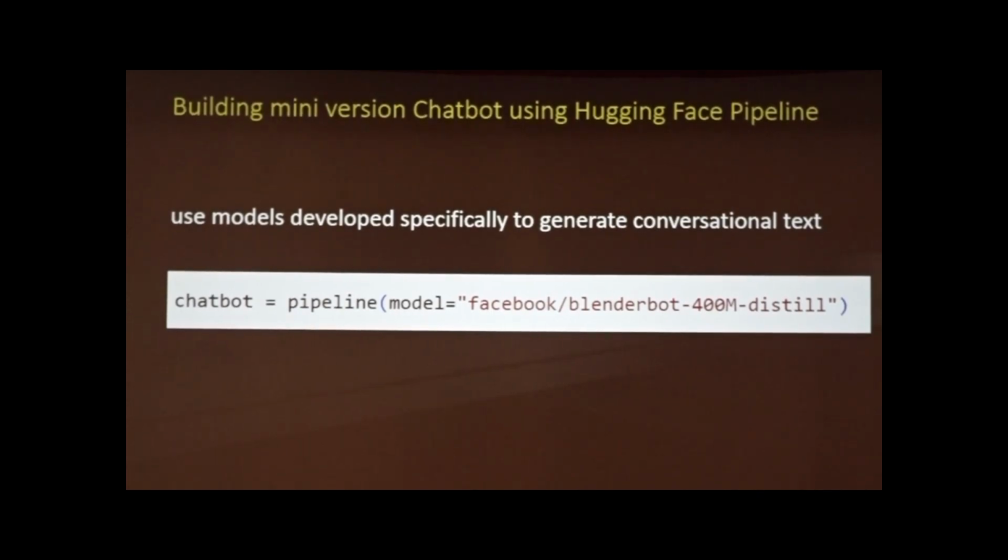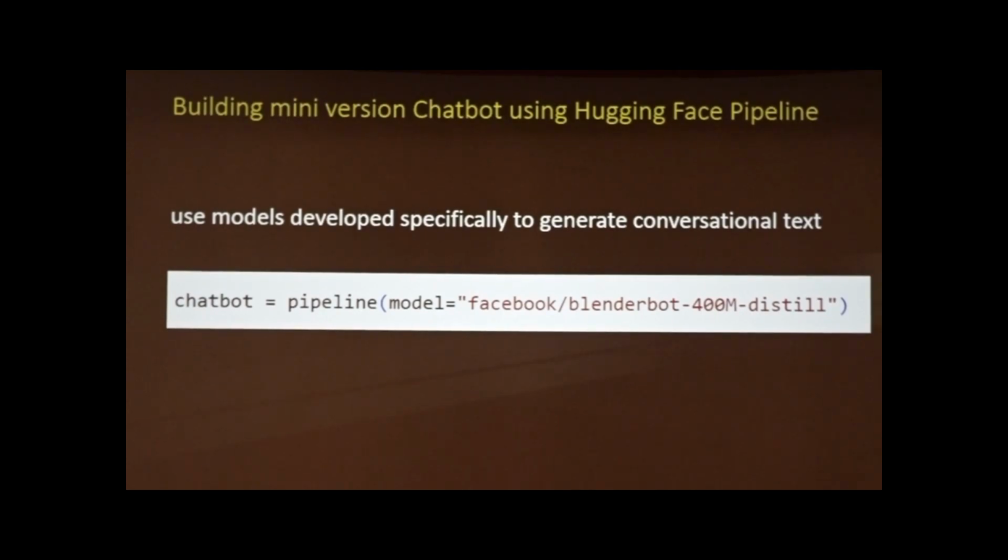Choose the right model for your specific task. Now my task is conversation. So I am choosing the right model which is specifically designed for generating conversational text. That is the Facebook BlenderBot 400 million parameter distill model.